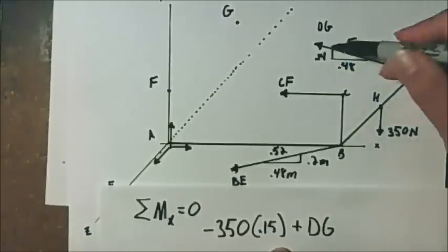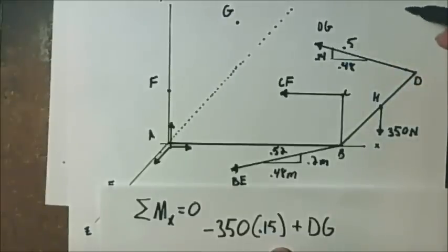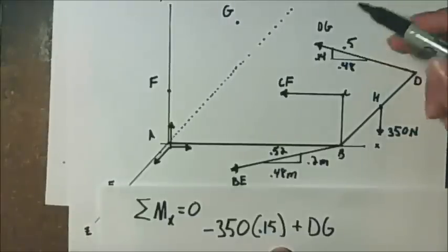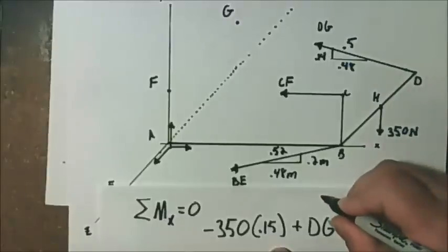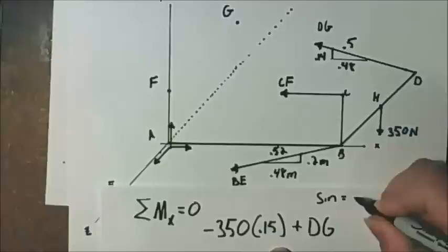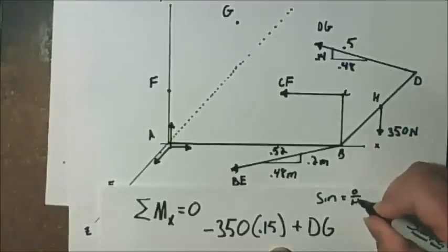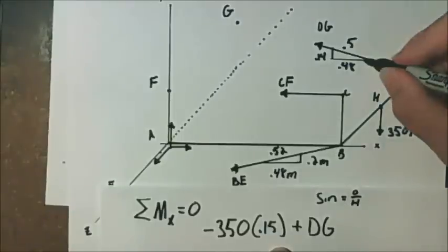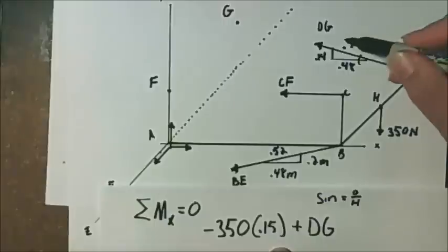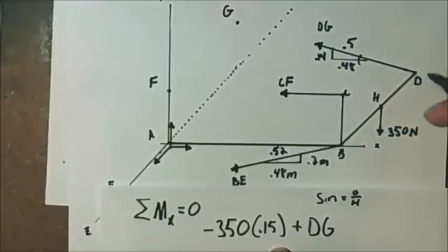Now I want only the y component of this force, which will be the sine, which is opposite over the hypotenuse. If this is our angle here, the opposite is 0.14, the hypotenuse is 0.5.